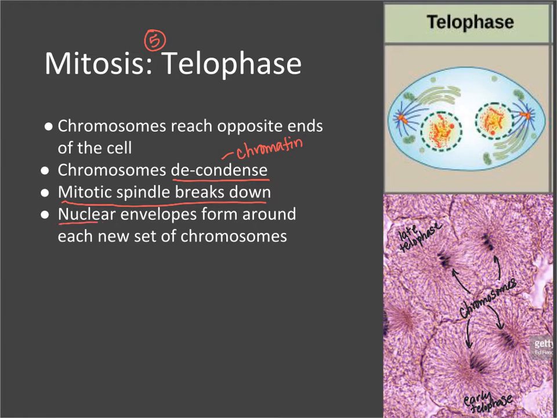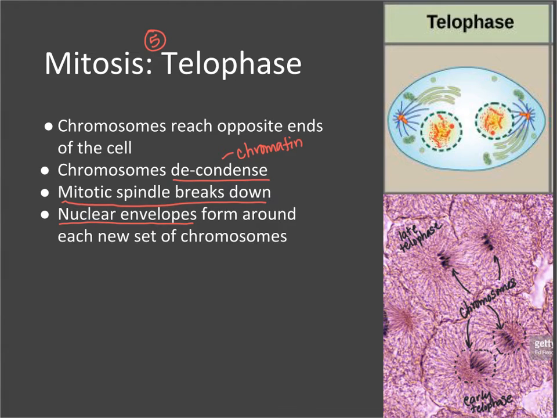Then a new nuclear envelope is going to form around each set of chromosomes. We don't really see it on the pictures here, but ultimately a new nuclear membrane is starting to form around these new sets of chromosomes.